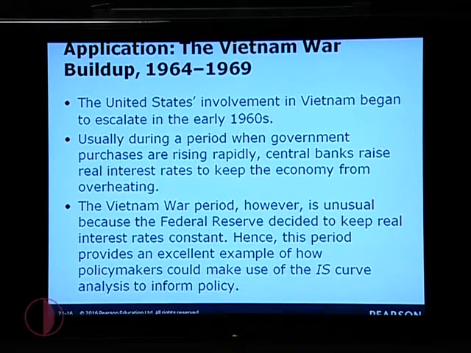The Vietnam War period was unusual because the Federal Reserve decided to keep real interest rates constant. Hence, this period provides an excellent example of how policy could make use of the IS curve analysis to inform policy.